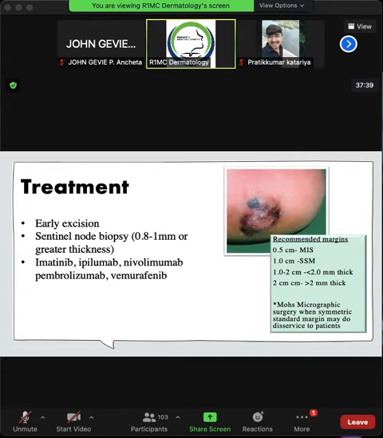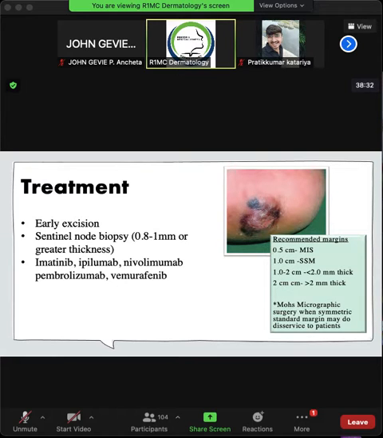As for the margin, a margin of 0.5 centimeters is currently recommended for excision of a patient with melanoma in situ, then a 1 centimeter margin is recommended for your superficial spreading melanomas, then a 1 to 2 centimeter margin for those with less than 2 millimeter thick lesions, and a 2 centimeter margin for those with more than 2 millimeters. Your Mohs micrographic surgery can be useful in settings where an asymmetric standard margin does a disservice to our patients.